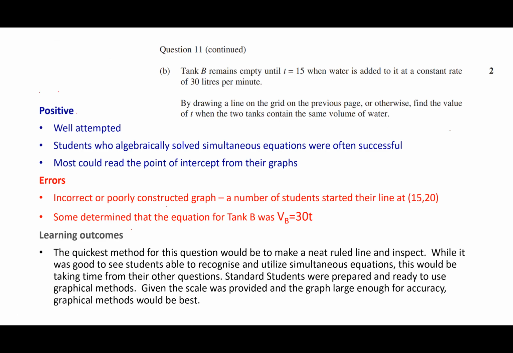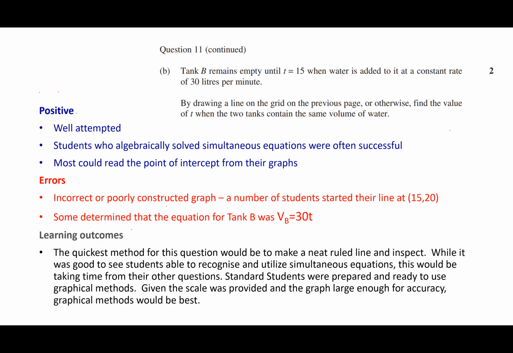All right, in part B, this was also very well attempted. Many of our advanced students did solve using simultaneous equations algebraically, and most could read the point of intersection if they'd used the graphs. Some of the errors that we saw were incorrect or poorly constructed graphs.